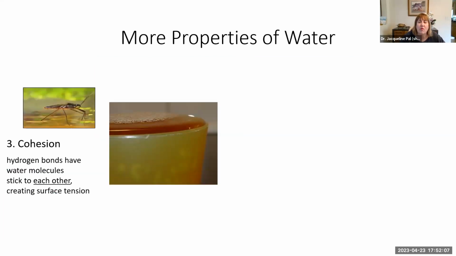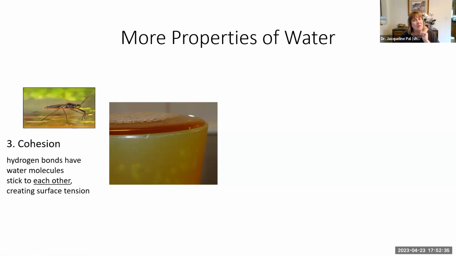The third property of water is called cohesion. Remember, co is a prefix meaning together. And what this means is water molecules like to stick to each other. And this creates something called surface tension. So if you've ever been at restaurants where the waiter is annoyed at you, you know that you can slightly overfill a cup without spilling a drop on the table.